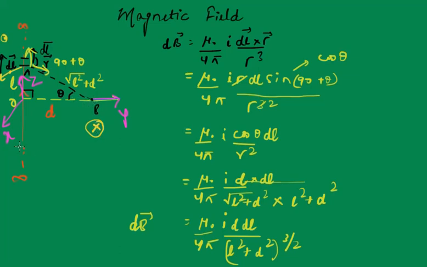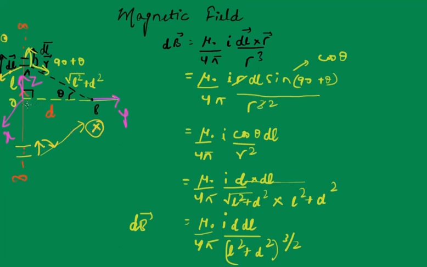If we take any other element dl on the negative side of O, in the opposite direction along the length of the wire, then because of this element also the magnetic field will be inside the plane, because for this element also your dl will be this, your r will be this. If you do the cross product, the magnetic field will be inside the plane.